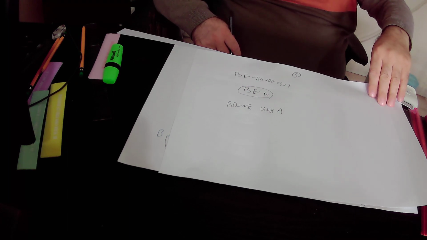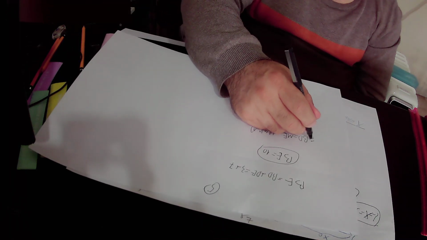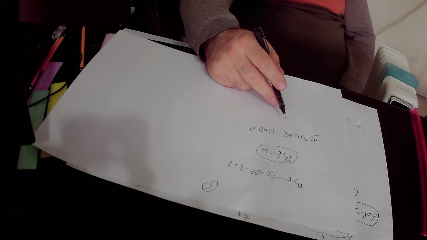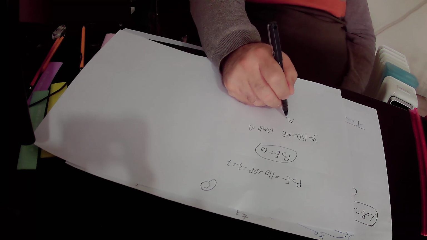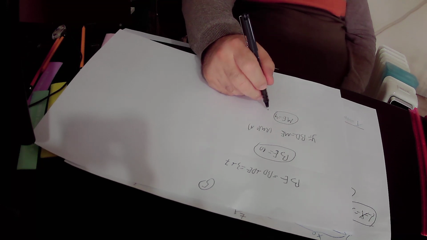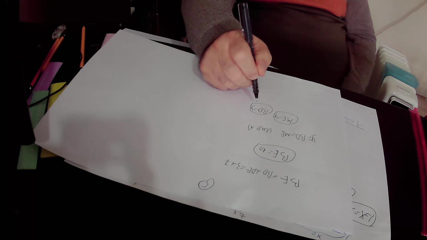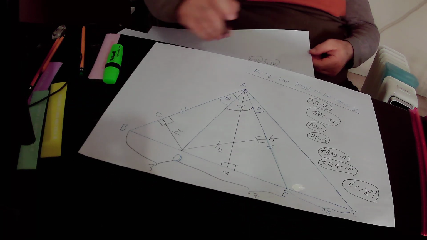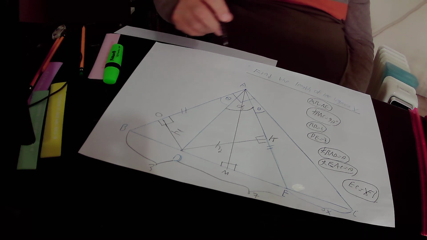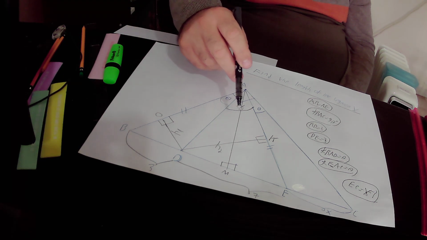So if we define BM as Y, then from this equation we will find out that ME is also equal to Y. So BM equals Y and ME is also equal to Y. So the value of line segment BE is equal to BM plus ME.